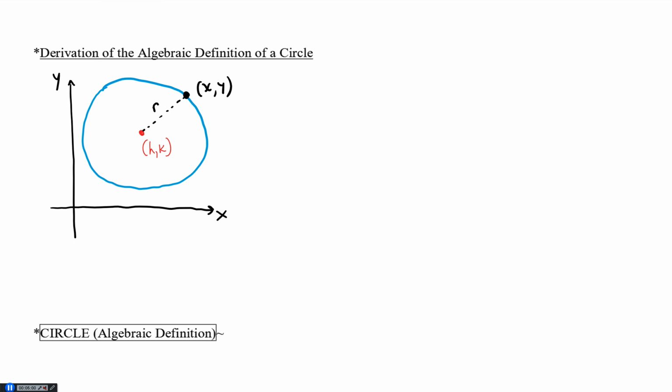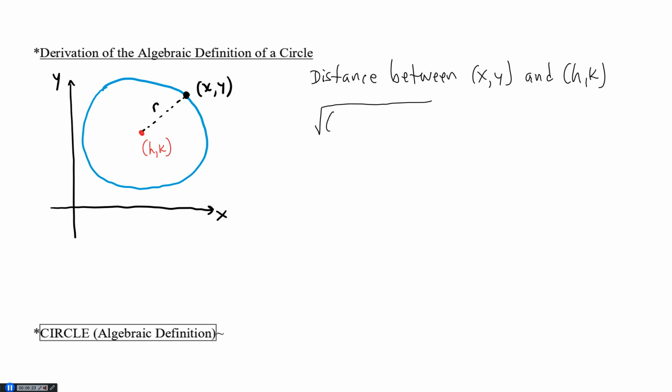So we know that all of these points (x, y) have to be the same distance away from this point, the center. So the distance between any point on the circle and the center would be given by our distance formula. But that distance has a name.